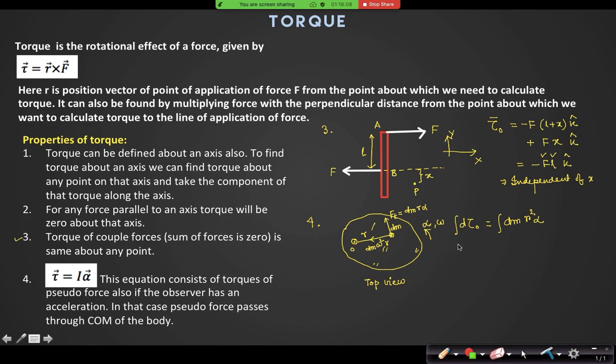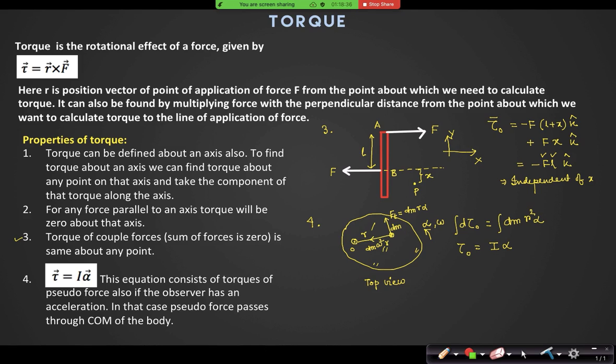Alpha is constant at a particular instant, so I can take it outside. What is the integral of dm r square? That is the moment of inertia I. So that is a very simple proof that tau is equal to I alpha.